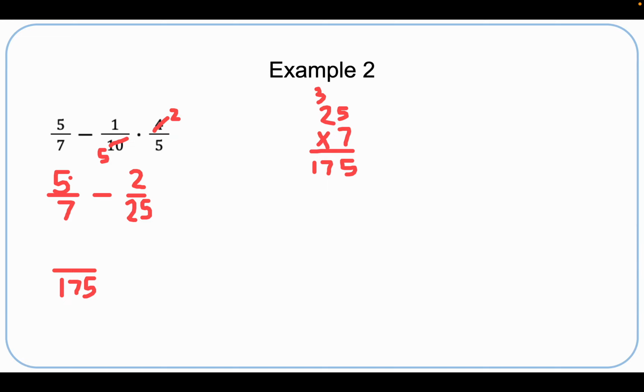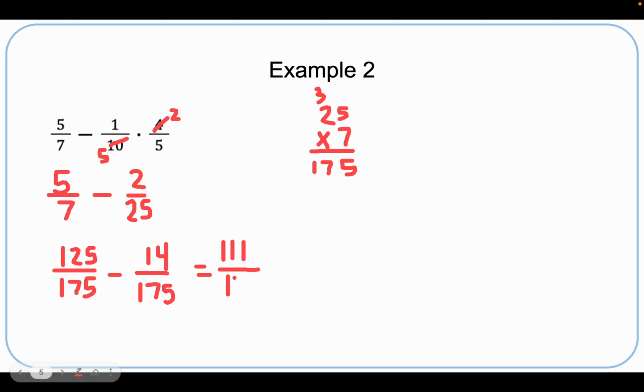So we are multiplying by 25 here. 5 times 25 is 125. And then we're multiplying by 7 for this fraction. So we'll have 14 over 175. And now we can subtract our fractions. 125 minus 14 is 111. And then over 175.